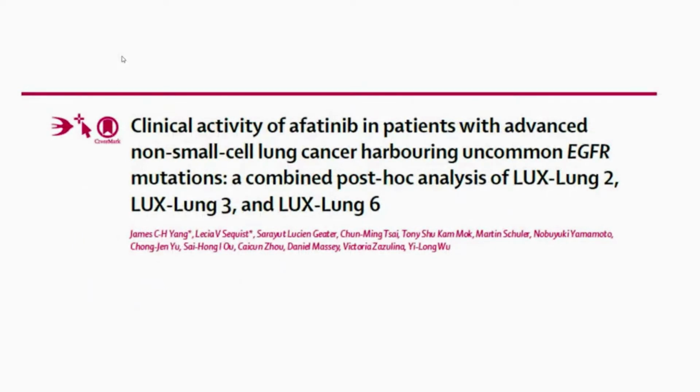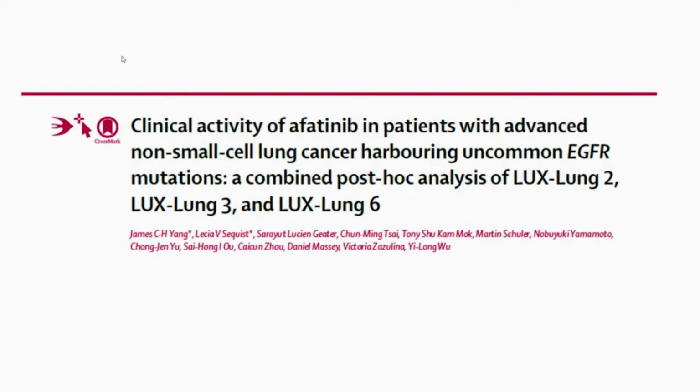So why am I talking about the different generations of these drugs? When we start thinking about those atypical mutations, it's really the second generation drug, afatinib, that has an FDA approval specifically in that setting. And it was based upon this study.